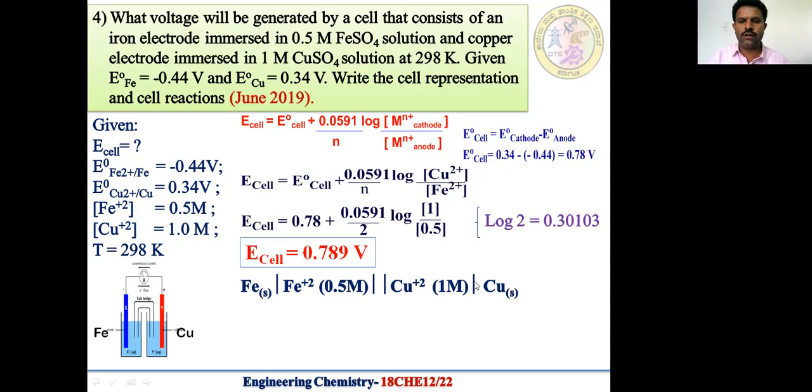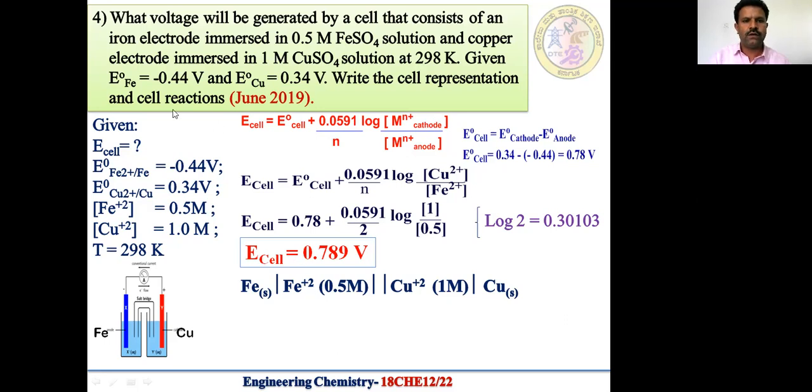The solution and solid are separated by a single vertical line, which indicates the phase boundary. So the anode is written on the left side and the cathode on the right side, separated by a double vertical line indicating the salt bridge.